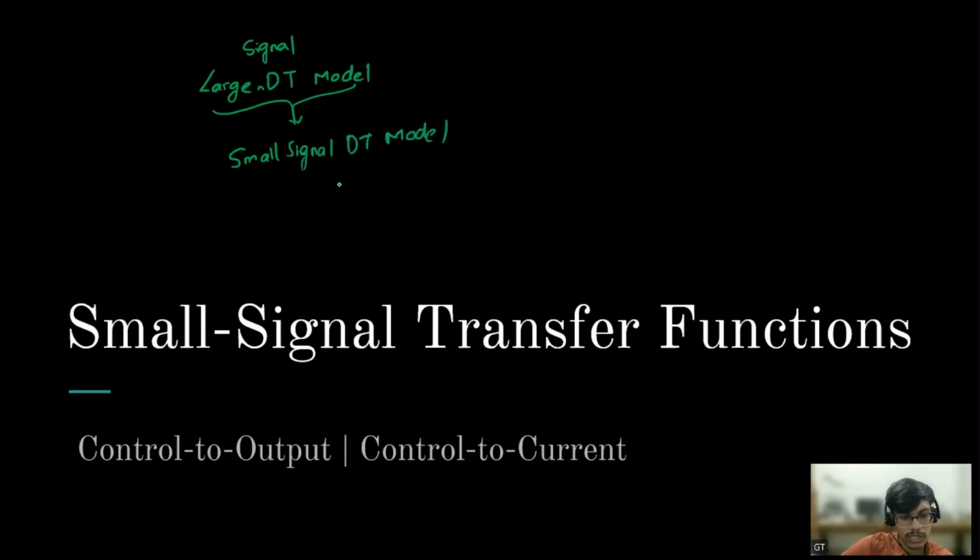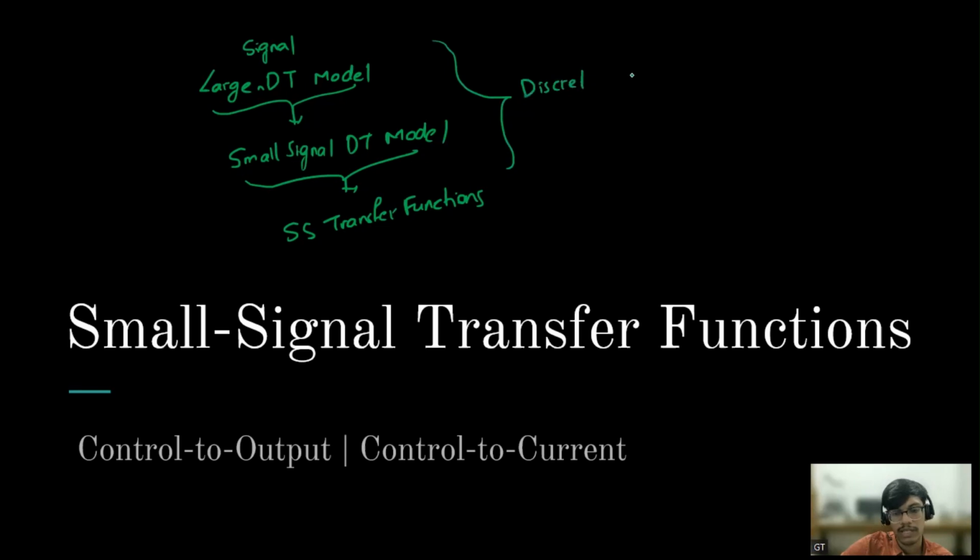Now using the small signal DT model, I am getting small signal transfer functions. So using these transfer functions, I can design the controller. So the main aim is to design the controller. For that, I need to have some transfer functions, right? So I am going by the actual DT model, discrete time model, because it is more accurate. So that's why everything is in the discrete domain.